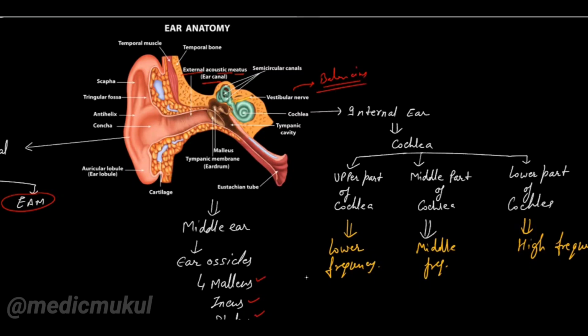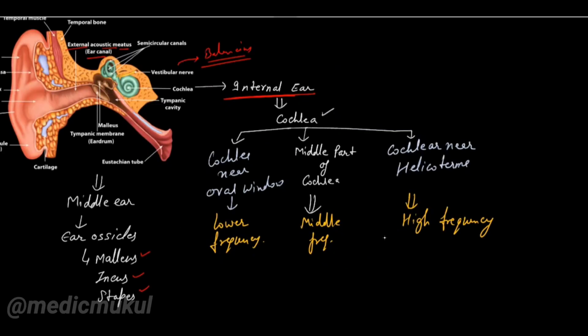So for the question, I'm just discussing only the cochlea. There is the cochlea near the oval window, the middle part of the cochlea, and the cochlea near the helicotrema. So the cochlea near the helicotrema is responsible for what? Low frequency. And the cochlea near the oval window is responsible for what?